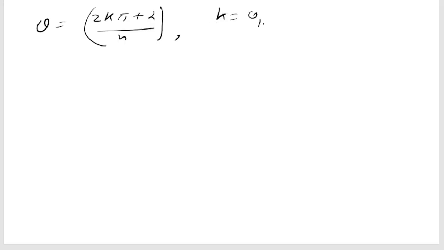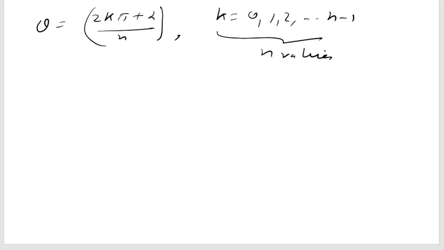So that's why the theta values will be 2k pi plus alpha by n, where k is an integer from 0, 1, 2, 3 up to n minus 1. We only consider these n values. There are n nth roots of unity, so there will be n such values. Got it?